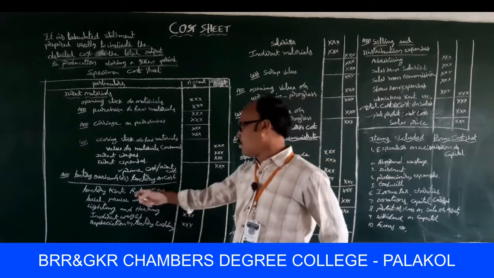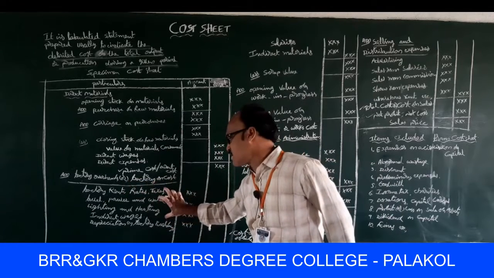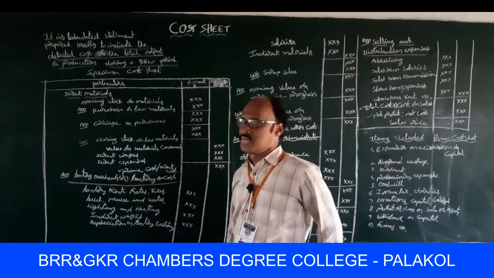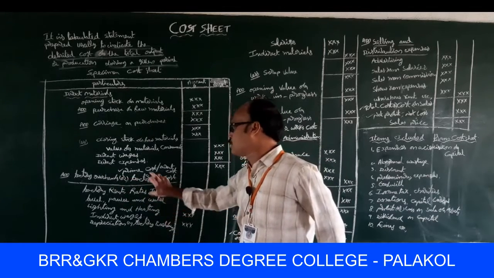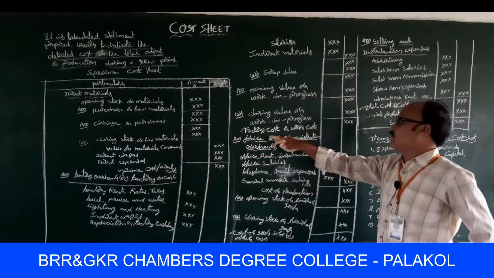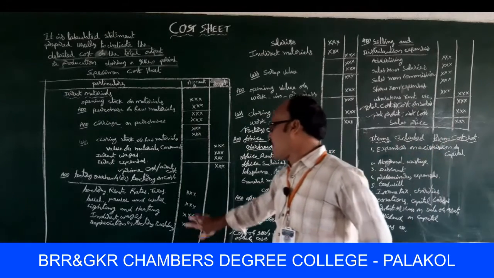Factory overheads or factory on cost. These are all the transactions to be treated as factory overheads. They must be added to the prime cost. Then we find out the factory cost. What are the expenses related to factory overheads?